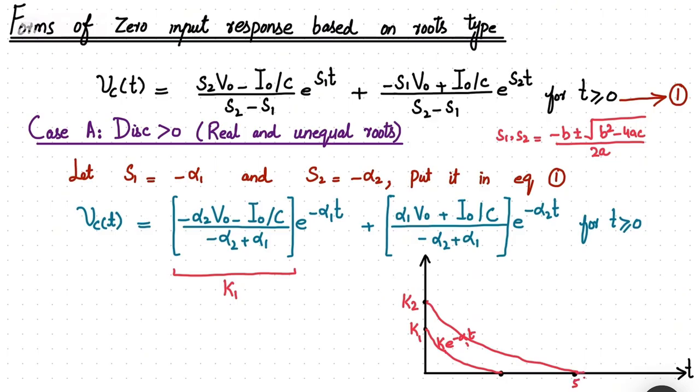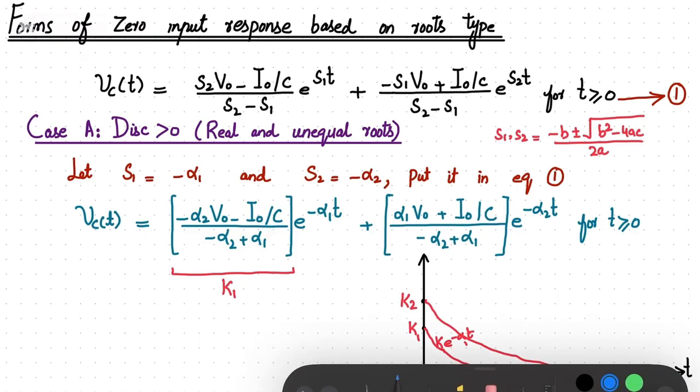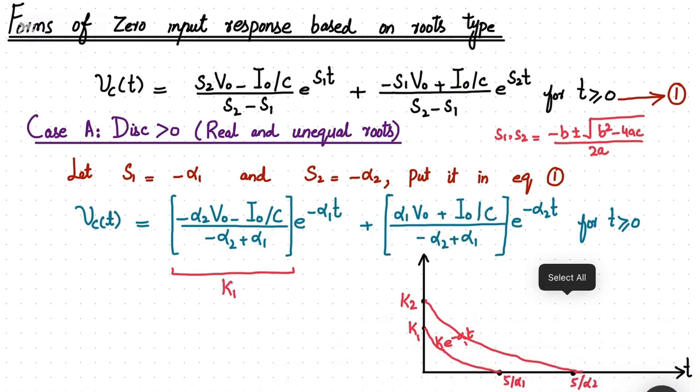This is the constant for the second function, and this is the constant for the first exponential function. Overall response is the sum of these two. When we add these two responses, what would be the total response?